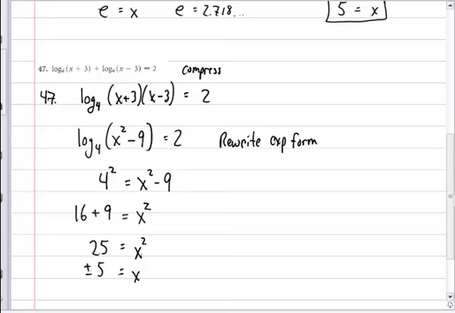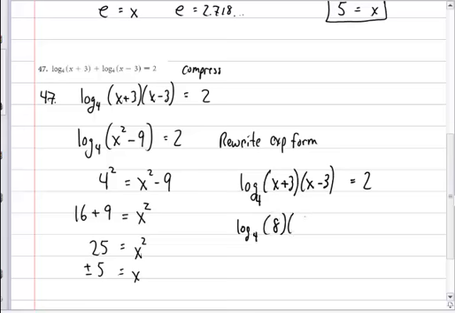Now we want to plug that into the original equation to make sure both answers work. So if you do the log of (x plus 3)(x minus 3), does that equal 2? Base 4 logarithm. If you plug in 5, I want to put it in the original equation.